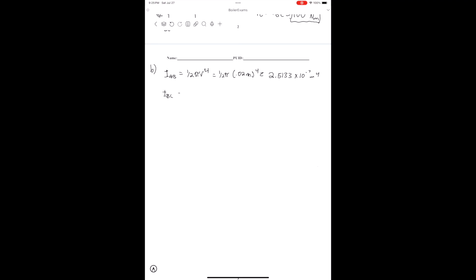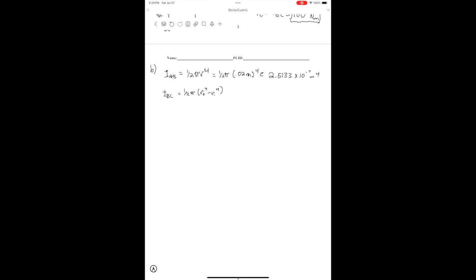All right, and then let's do the same thing for section BC, except this time we're going to have to do something else because the formula for a hollow rod is different from a solid rod. It's going to be 1/2 pi times the outer radius to the fourth minus the inner radius to the fourth, which, if you think about it intuitively, kind of makes sense, right?